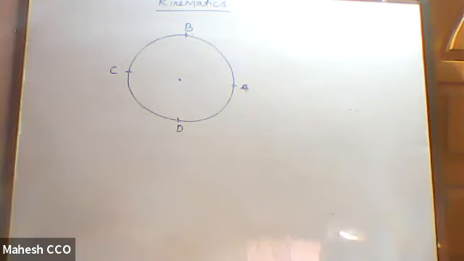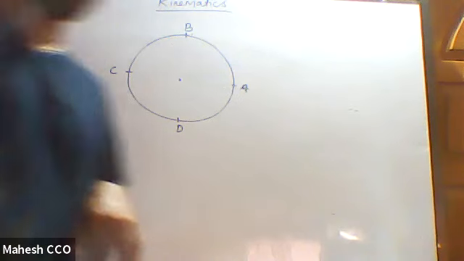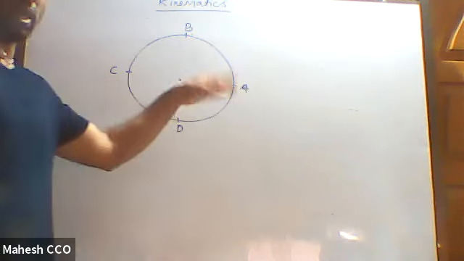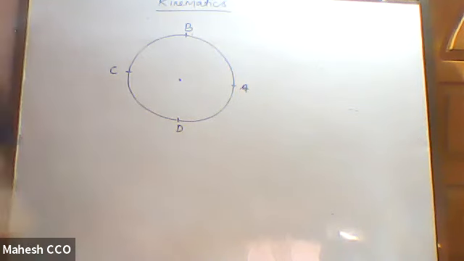Let us take 4 points on this circle as shown. Now, suppose if somebody is going from A to B along this circular road, what is the distance traveled and what is the displacement? That is the question. Or if somebody is going from A to C, these kind of things.